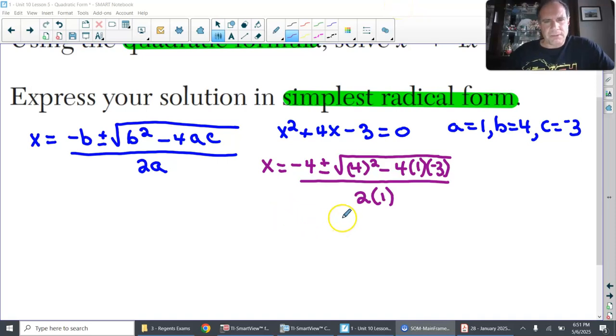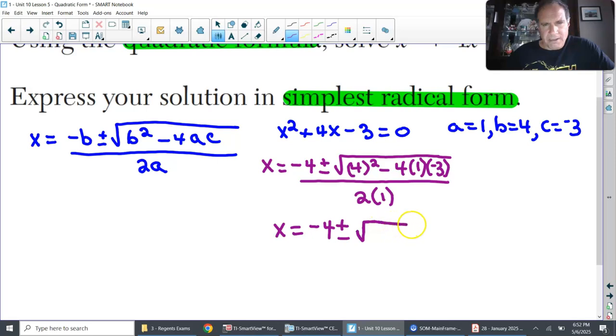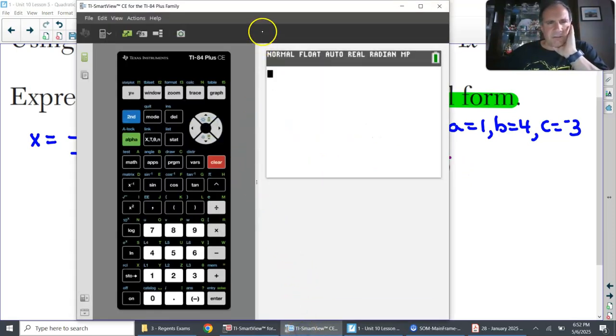We are going to split this up. Actually, I'm not going to split that up. I am just going to put x equals negative 4 plus or minus, and I'm going to figure out what that discriminant is, 4 squared minus 4 times 1 times negative 3, without the square root.